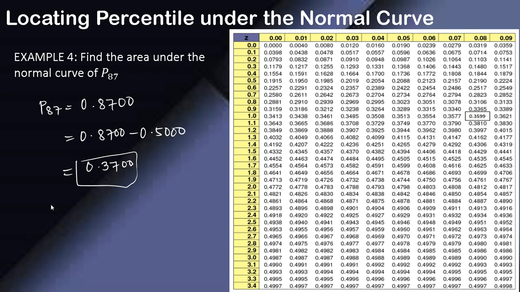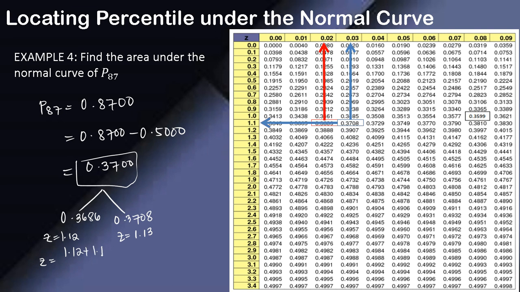If you did not find it, since it is really not there, let us look for the two closest values. First is 0.3686, and the second one is 0.3708. Then let's find the z-scores. The first z-score is 1.12 and the second z-score is 1.13. So then, find the mean: 1.12 plus 1.13 divided by 2. 1.12 plus 1.13 is 2.25, divided by 2, which gives you 1.125.